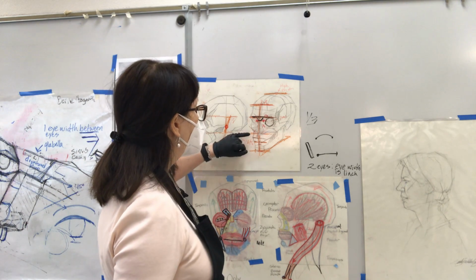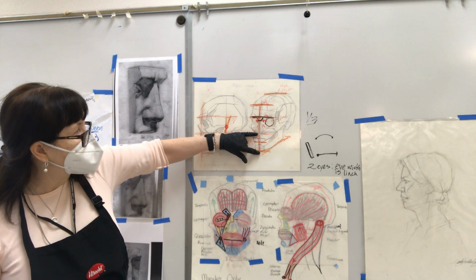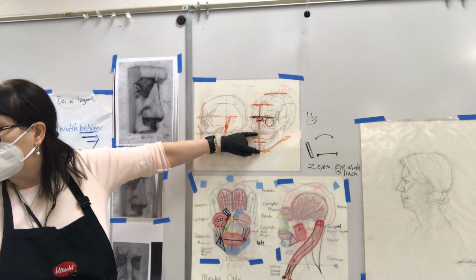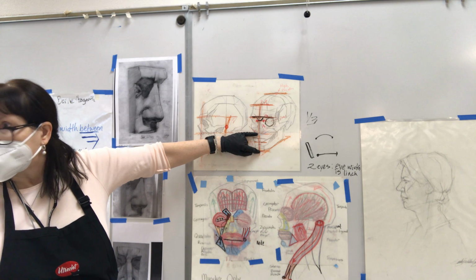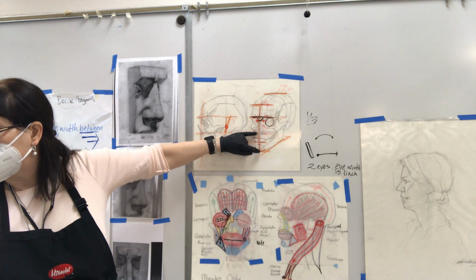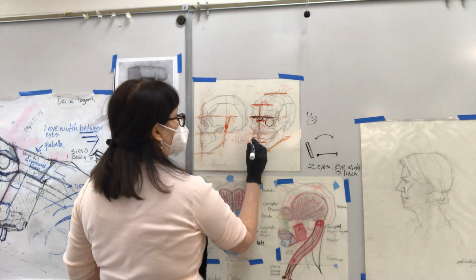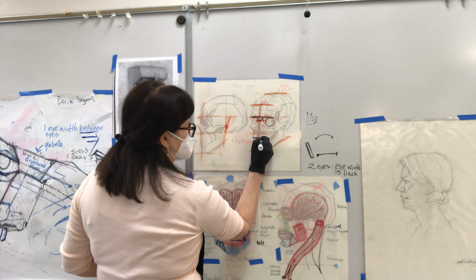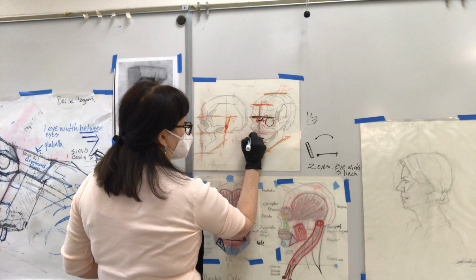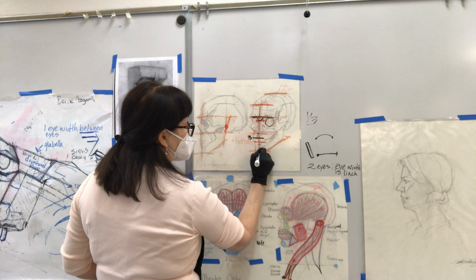So then we get this next measurement, which is the anterior spine of the septum to the base of the mandible, or the bottom of the chin. This is all commonly known as the mouth box. The proportion that you need to know here is the midline of the mouth is often 2/3 the distance from here to here.